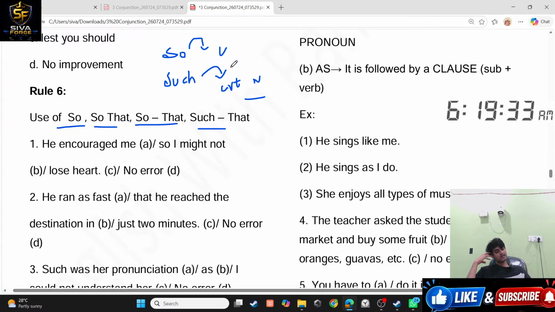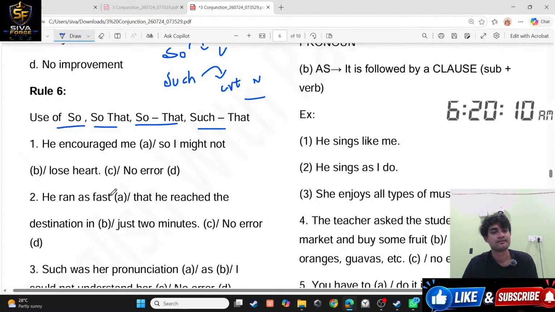I think he is too young to take decisions. Here, young is an adjective, right? We used so here, so we use a boy. He is so young a boy that he cannot take his decisions.